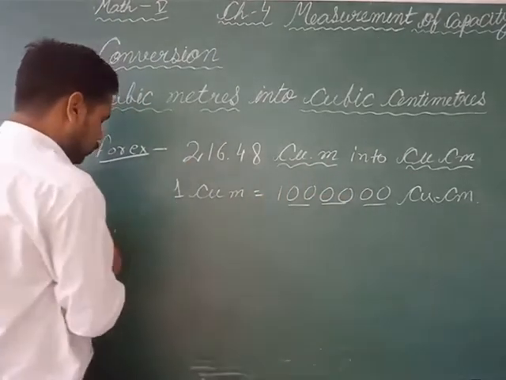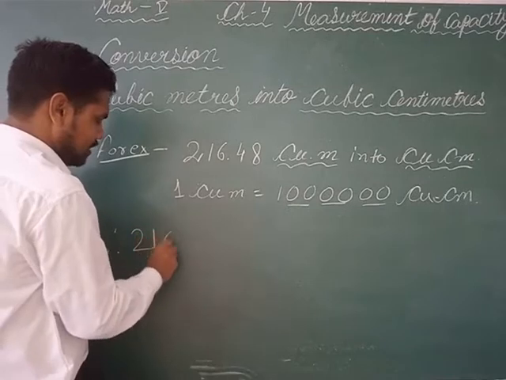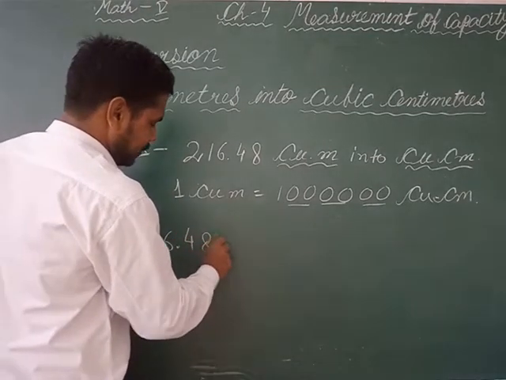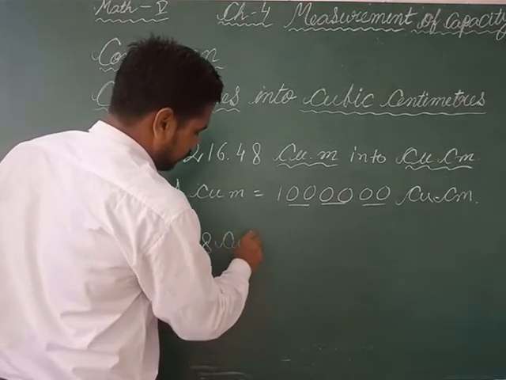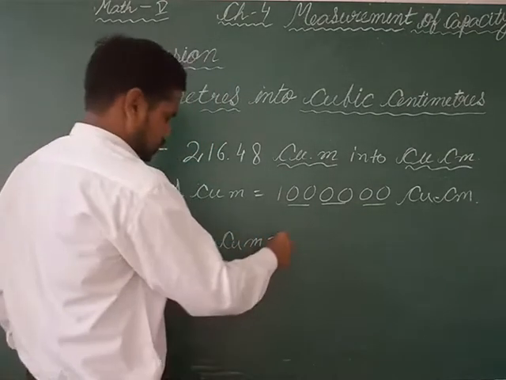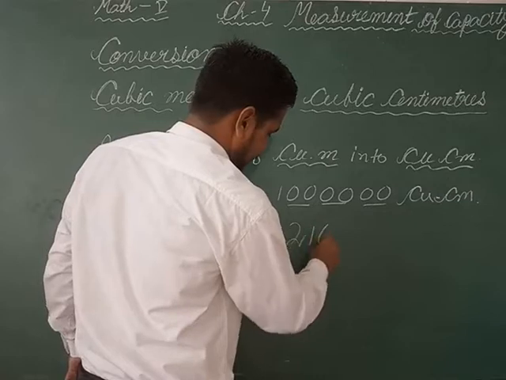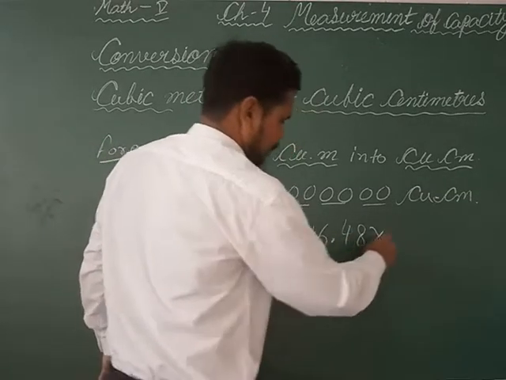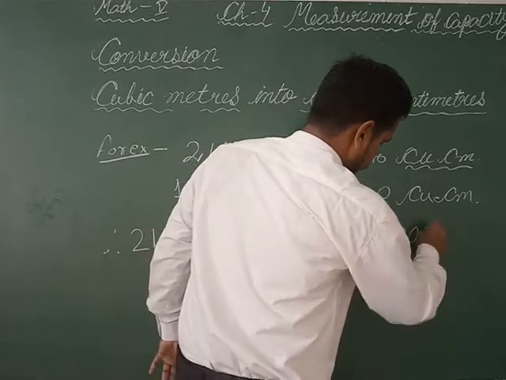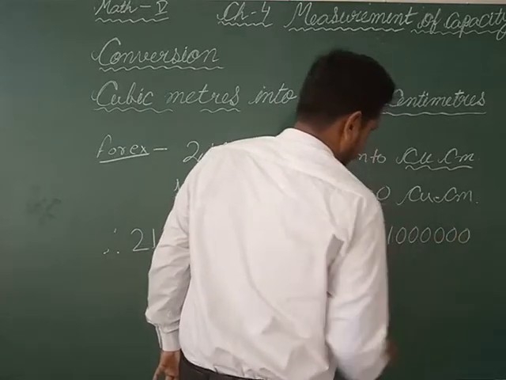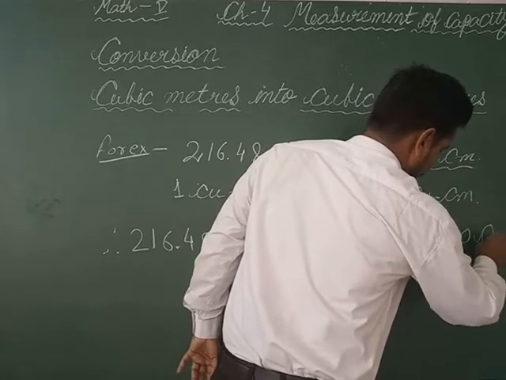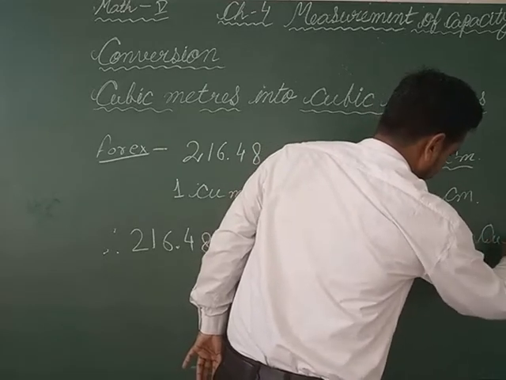So therefore 216.48 cubic meter is equal to 216.48 multiplied by 1 and 6 times 0, this much of cubic centimeter.